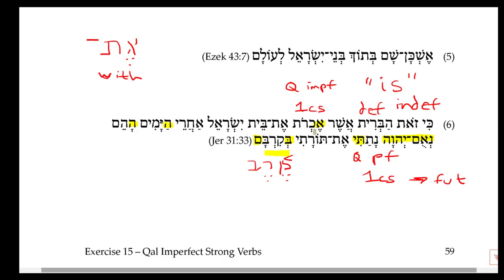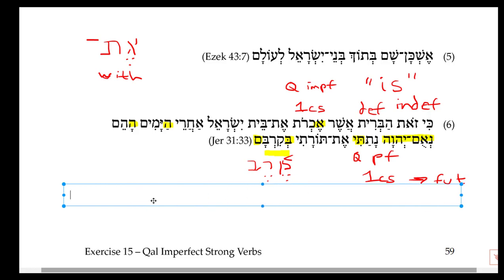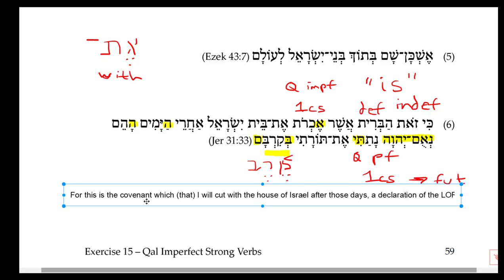Okay, so there is a number of translations. Let me just type this one out so we've got a reference. You could also look up the verse, I guess, but for this is the covenant, which or that I will cut with the house of Israel after those days, declares the Lord, or literally a declaration of the Lord.